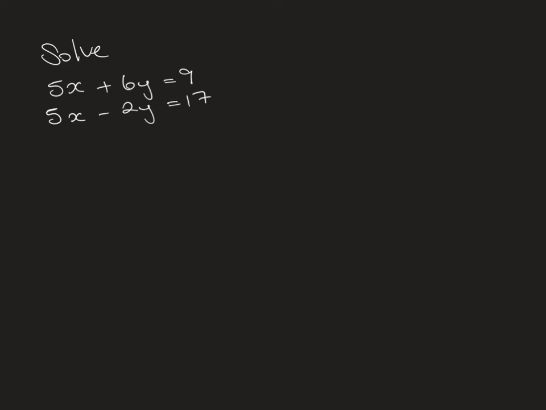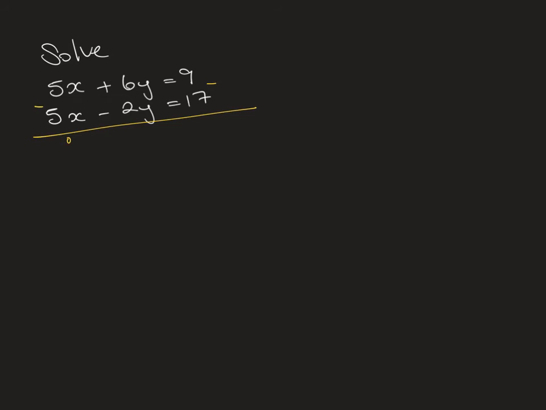This is my final example for this video. Again, I've got a variable here where one of the coefficients is the same, but this time it's the x instead of the y. It doesn't matter which variable has the same coefficient. We start off in exactly the same way by deciding, do we need to add them together or do we need to subtract one from the other? And here, if we do 5x take away 5x, that will give us nothing. That will eliminate that variable.